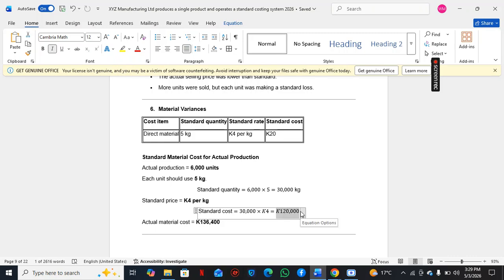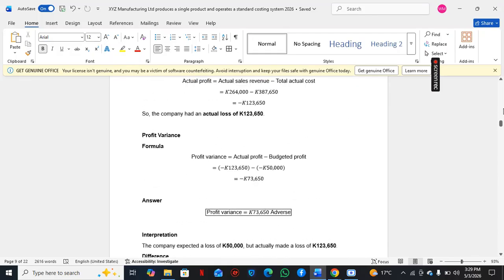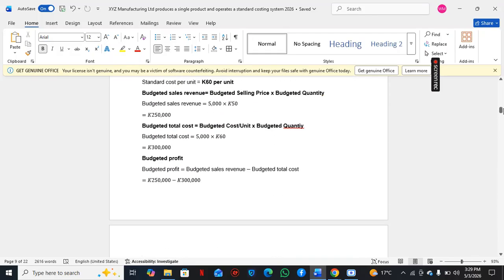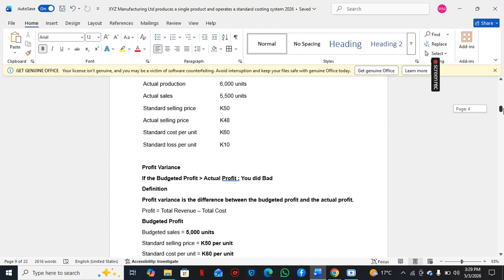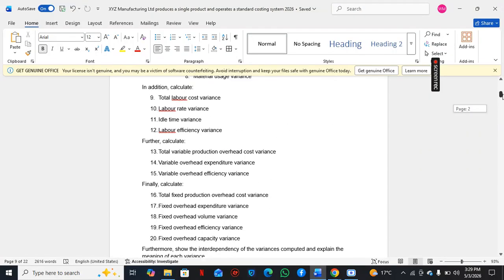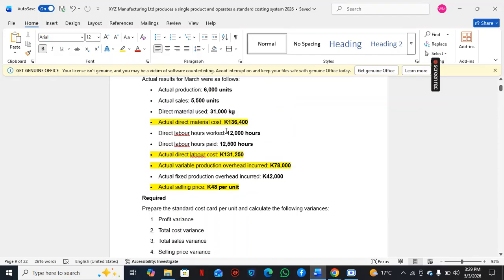But in the actual information, they told us the actual direct material cost was 136,400.